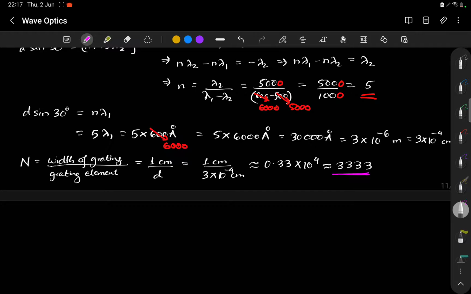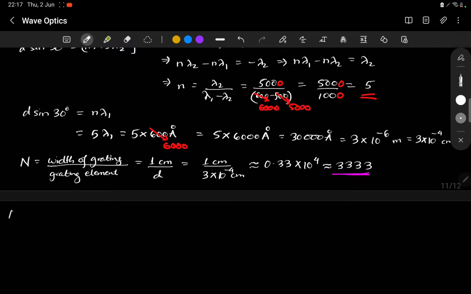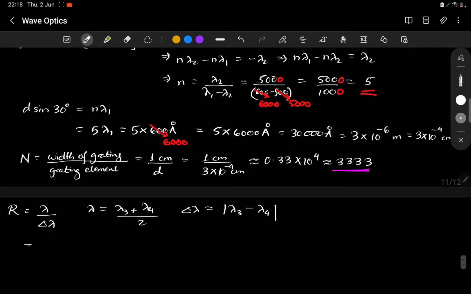Next part is on resolving power. So in the previous video we saw the expression for resolving power, which is given as follows, where wavelength is average wavelength and delta lambda is the difference in the wavelength, and this is also given as follows for a grating with capital N number of lines being illuminated, and small n the order of the diffraction spectrum.